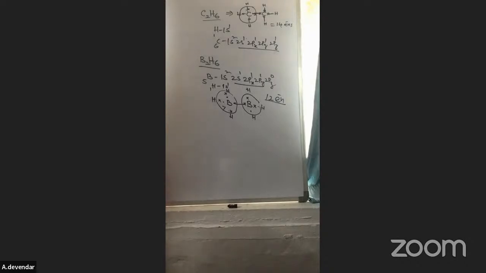Example: diborane is an electron deficient compound. Why? Because diborane requires 14 electrons, but it consists of only 12 electrons. 2 electrons are lesser than the stable electronic configuration. That's why the diborane is called an electron deficient compound.